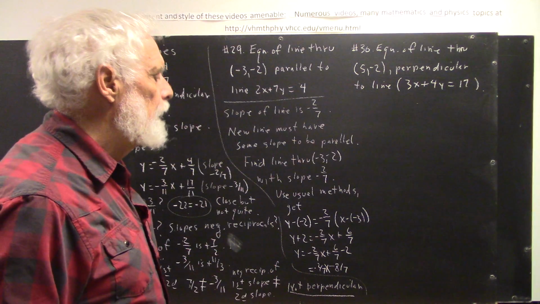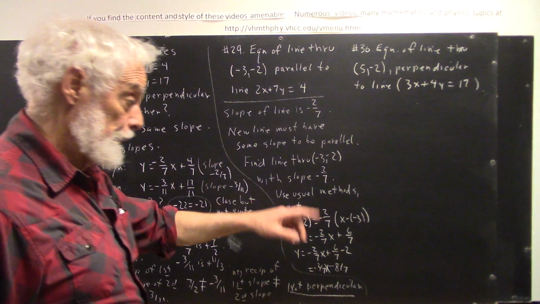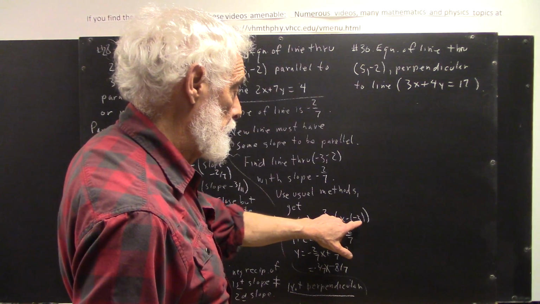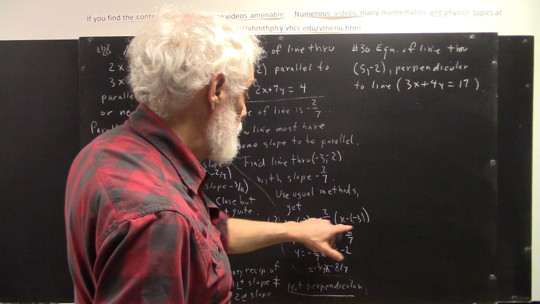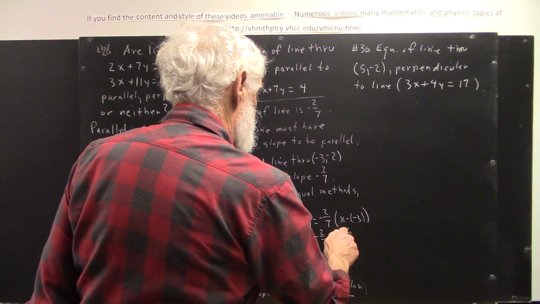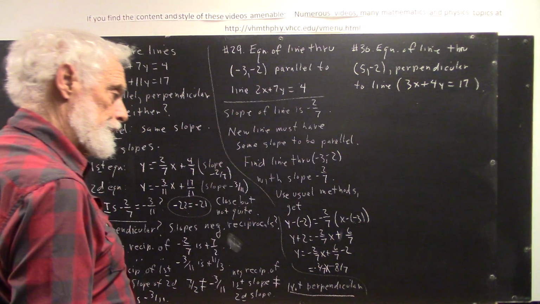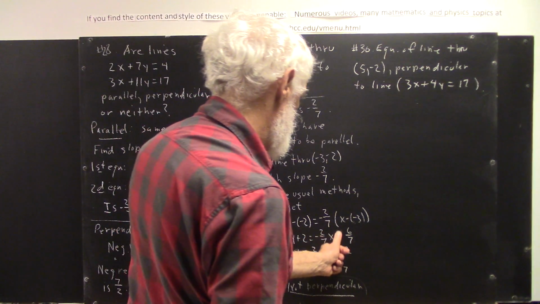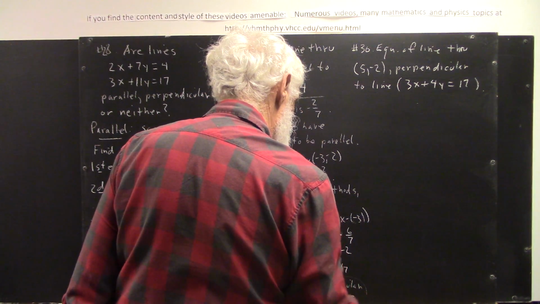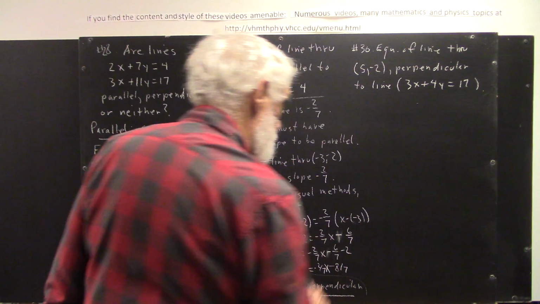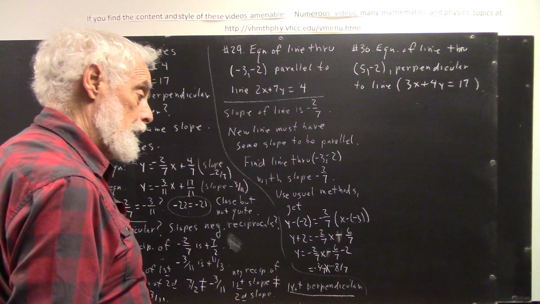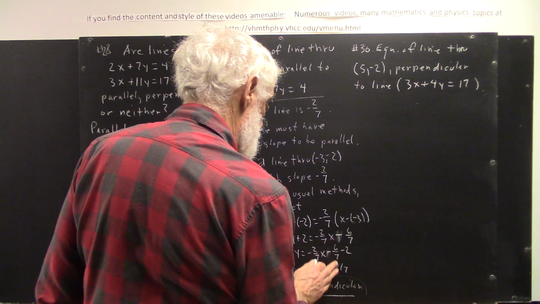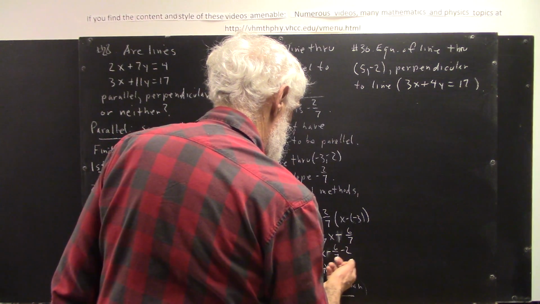Okay, I was careless with my signs. This is x minus -3, which would be x plus 3. -2/7 times 3 is negative 6/7. So this should have been negative 6/7. And then when I subtracted the 14/7, I would have gotten negative 20/7.